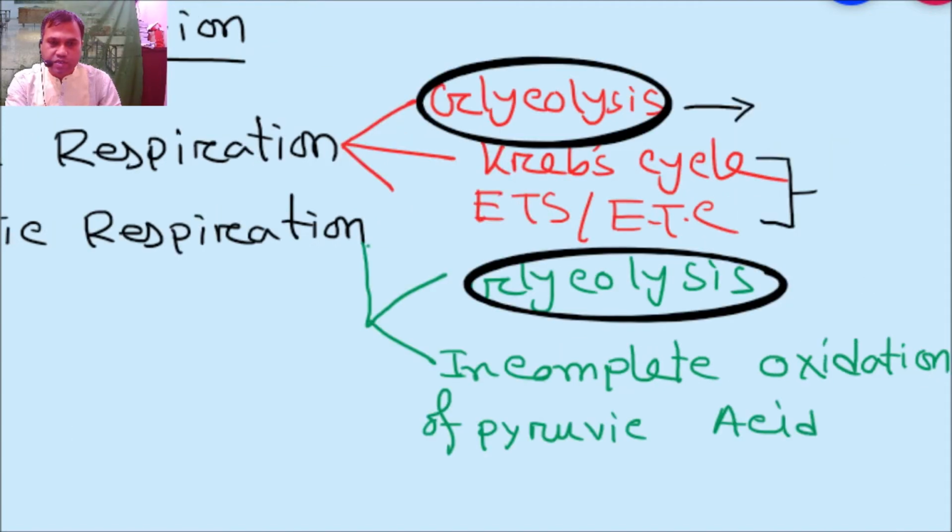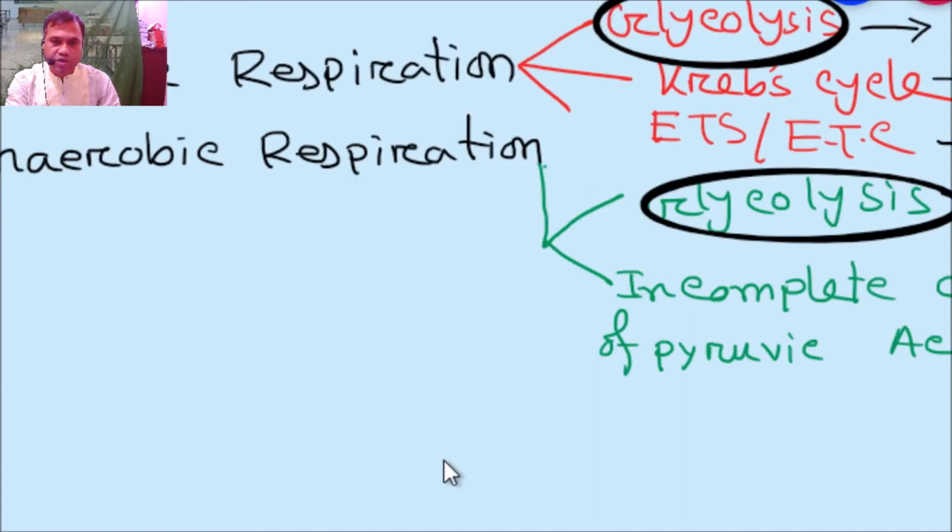Today's topic is glycolysis. In the glycolysis process, glucose breaks down step by step in the presence of different enzymes and at last produces two molecules of pyruvic acid.